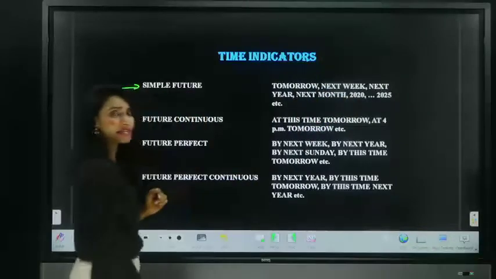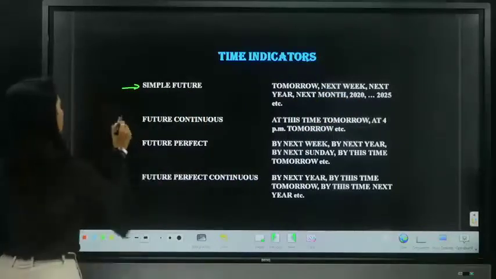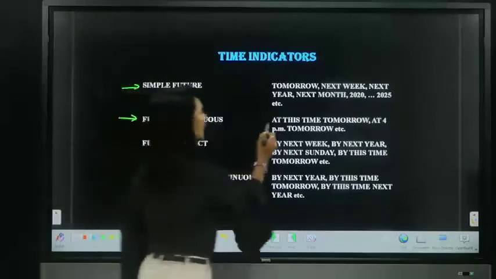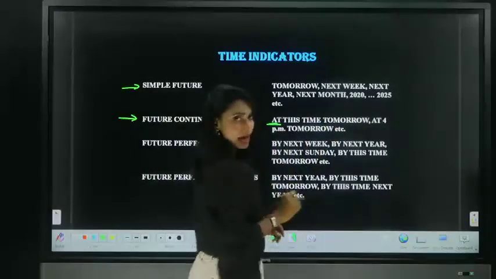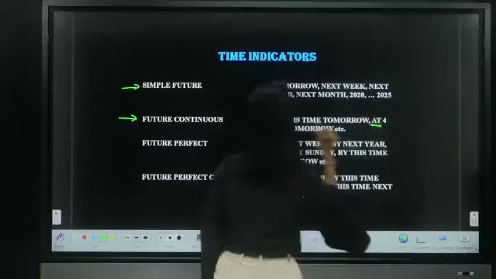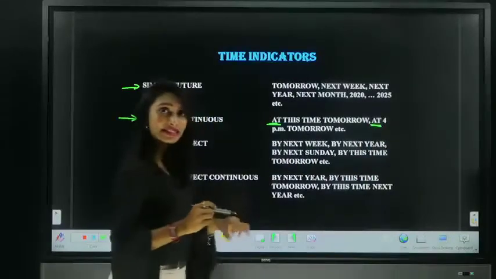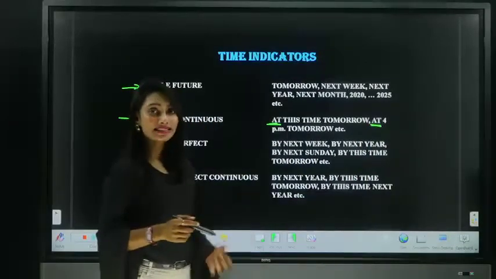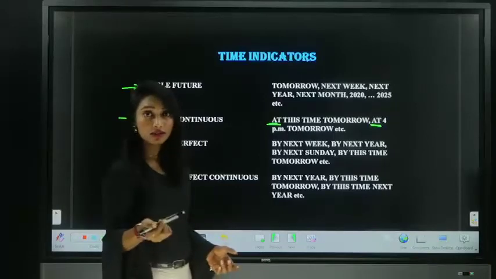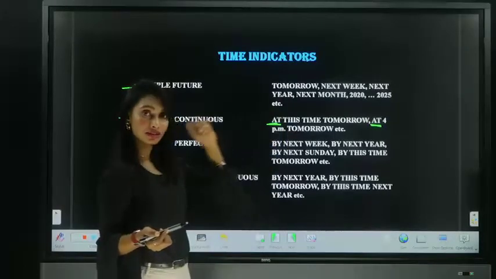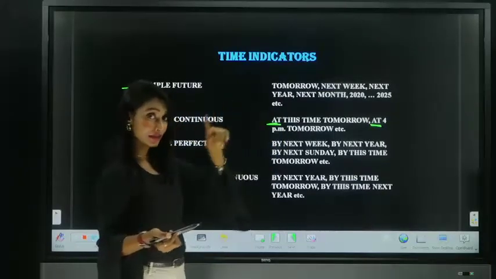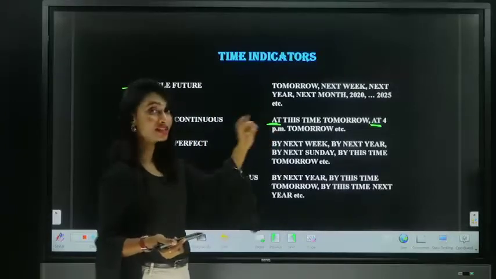Whereas the time indicators for future continuous begin with at. At this time tomorrow, at 4 p.m. tomorrow, at this time next week, at this time next year. So it talks about actions going on, but remember the time indicator should begin with at.